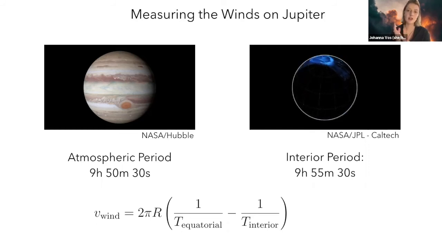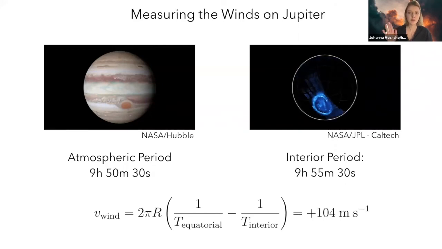So if you measure the period using these radio pulses, you'll measure a period of about 9 hours and 55 minutes and 30 seconds. So Jupiter's interior is actually rotating 5 minutes slower than its atmosphere. And then you can change that 5-minute difference into a velocity difference, and you'll end up with a wind speed of about 100 meters per second, which matches what we found earlier.